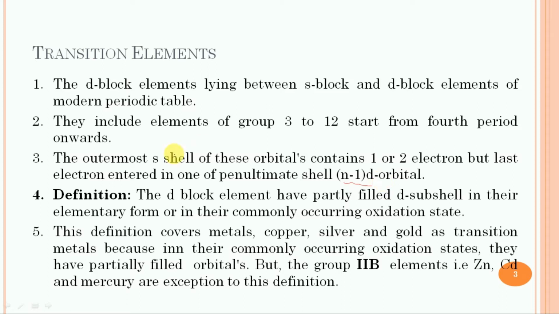This definition also covers coinage metals like copper, silver and gold as the transition metals, because in their commonly occurring oxidation states they have partly filled d subshell.